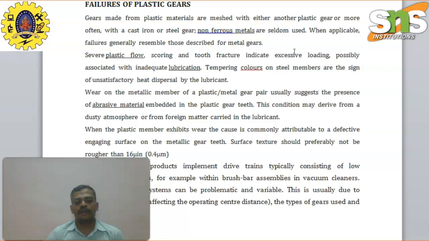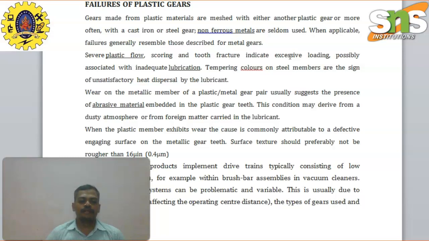Wear on the metallic members of a plastic and metal gear pair usually suggests the presence of abrasive material embedded in the plastic gear teeth. This condition may derive from a dusty atmosphere or from foreign matter carried in the lubricant.